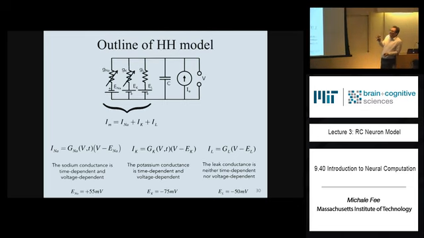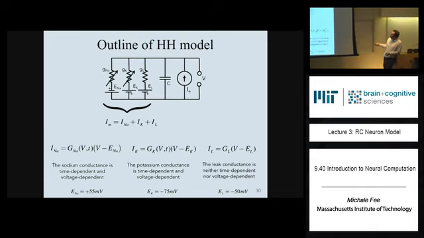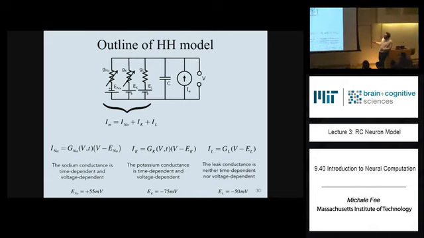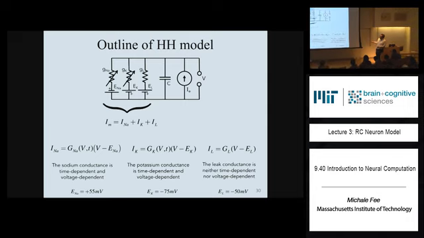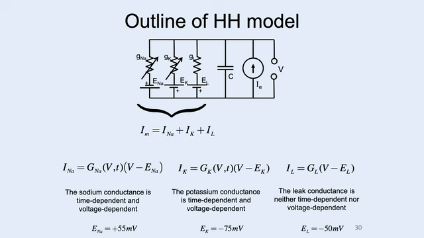So the name of the game in understanding how this thing works is to figure out where this time dependence and voltage dependence comes from. What's that? They're very close, but the potassium equilibrium potential is always very close to minus 75.